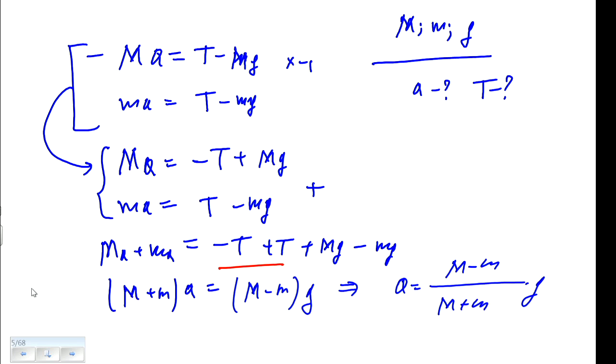This equation tells us immediately again that actual acceleration cannot be equal to g. First of all, if masses are equal, that's 0, acceleration is 0. But if masses are different, the acceleration depends on them like this.